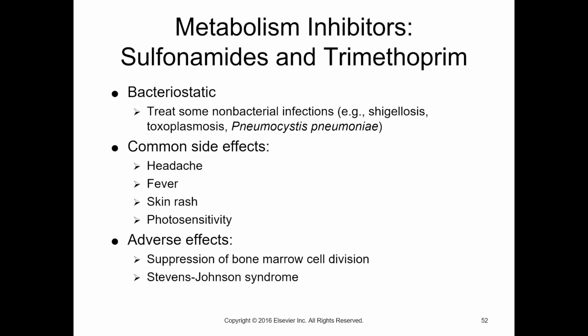So metabolism inhibitors. These are your sulfonamides and trimethoprim. These are primarily used for urinary tract infections, typically used in more anaerobic-based bacteria because of that. There's not a lot of oxygen, obviously, in the bladder and the urinary tract. So these drugs work a little bit better for those.